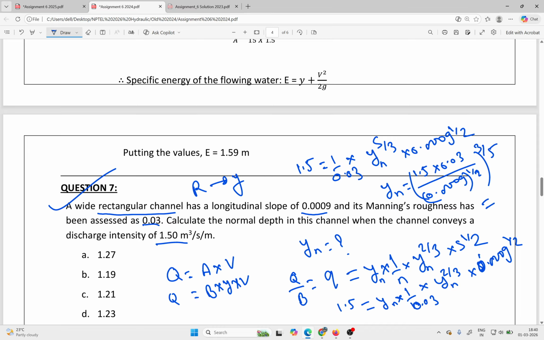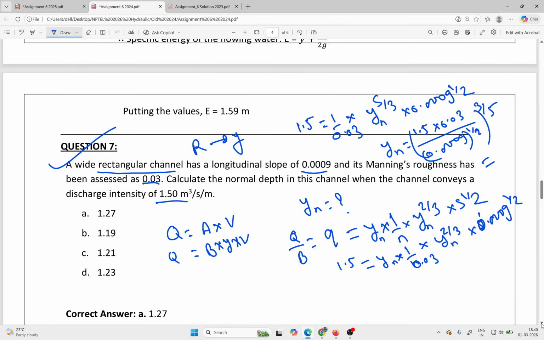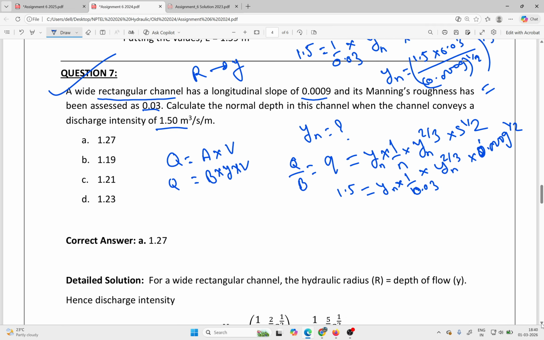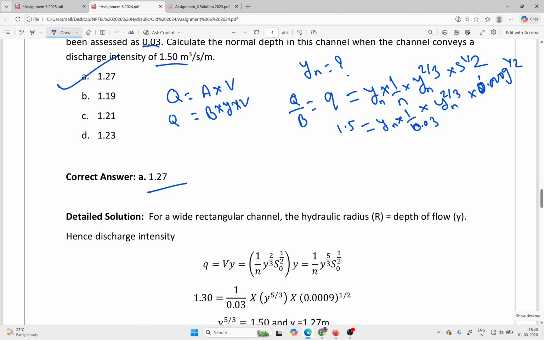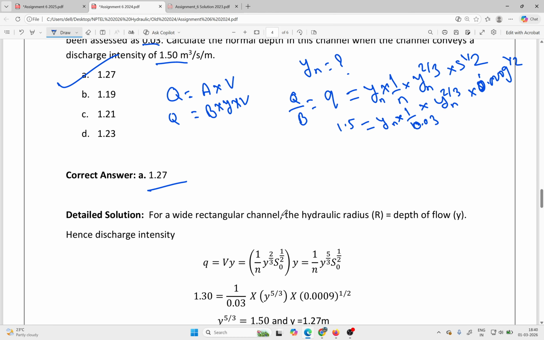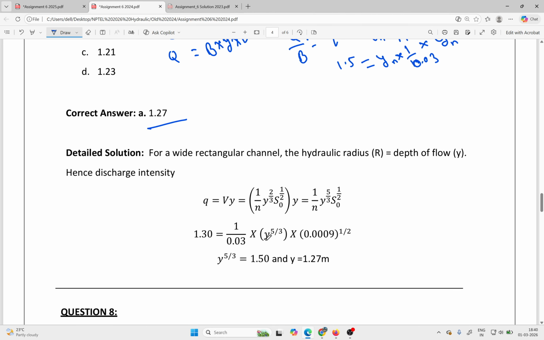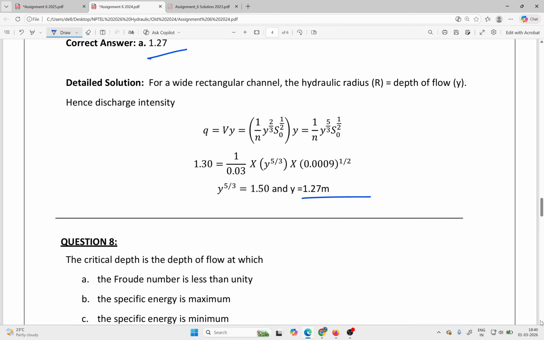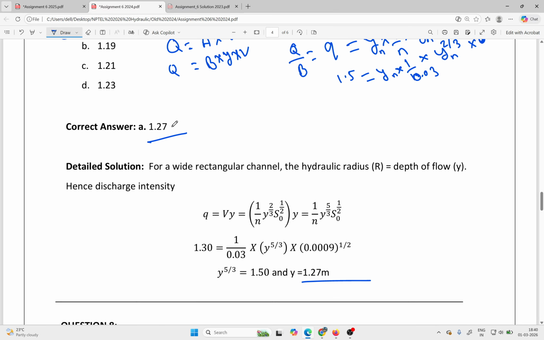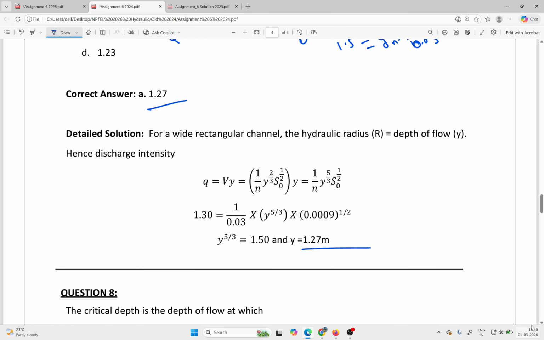This will be your final answer. I will not go through the calculation; it comes to 1.27. Option A is correct for this. Anyway, here you can see the calculation part. So 1.27 is your final answer, which means option A.